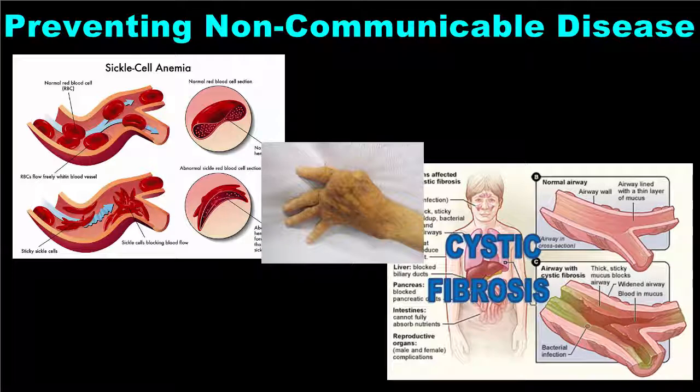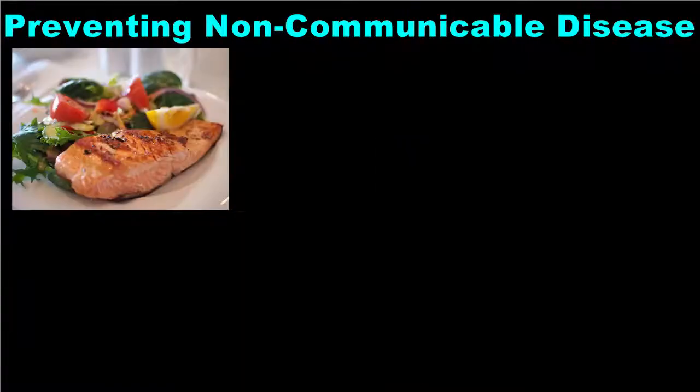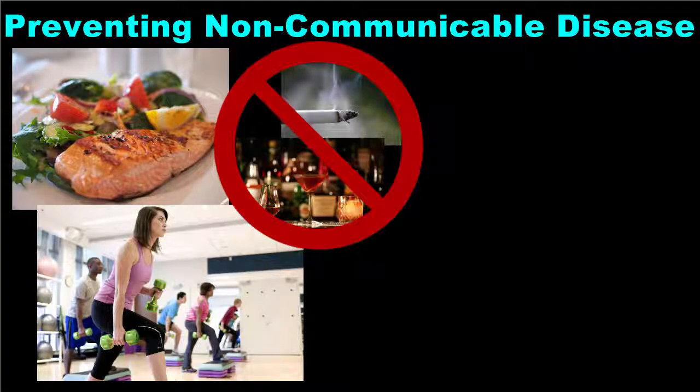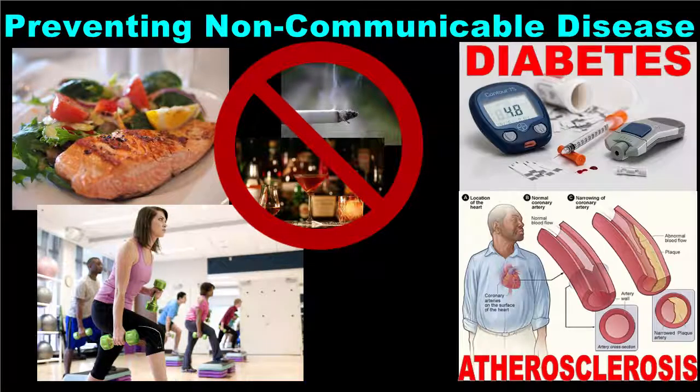While some non-communicable diseases cannot be avoided, there is still a lot you can do to prevent them or at least minimize their effect on your life. Keep your body as healthy as possible by eating a balanced diet and exercising regularly. Avoid cigarette smoke and excessive drinking. These actions alone can keep you from developing some of the most common non-communicable diseases like type 2 diabetes, cardiovascular disease, and many different cancers.